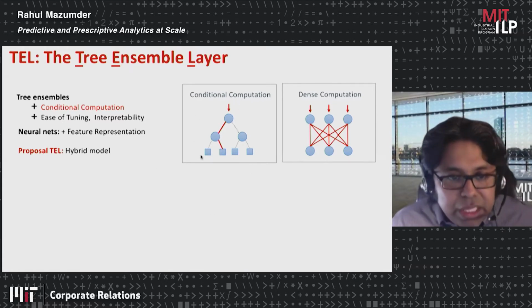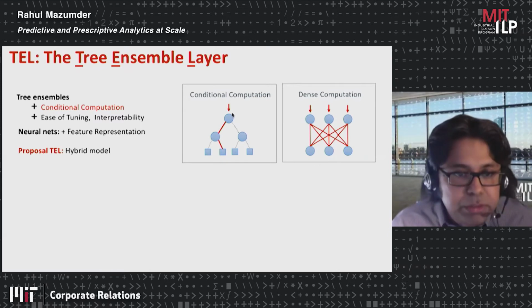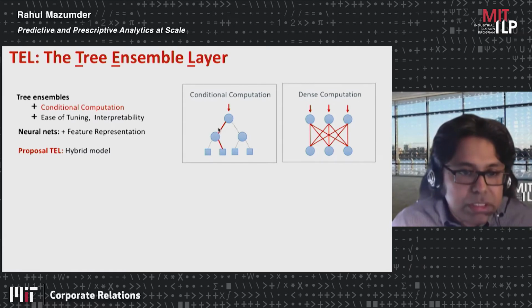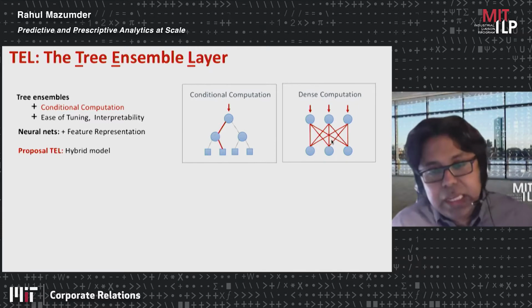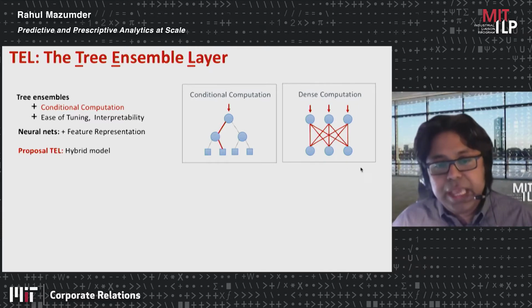So over here, I have a tree. There is a sample that is being routed, and it takes a particular path. This sample is routed across a very specific path. That is, it does not touch the other nodes or leaves of the tree. On the other hand, if I look at a neural network, these edges or links are scattered all throughout the network.